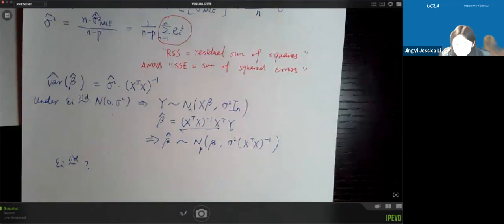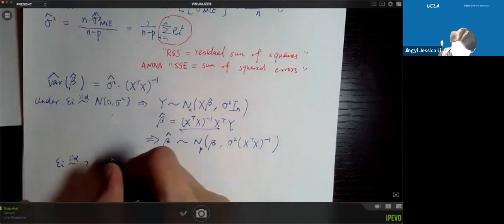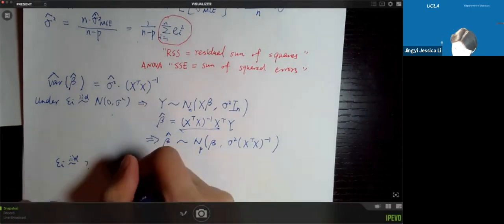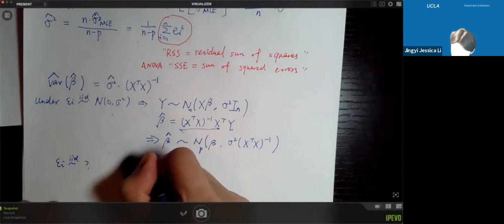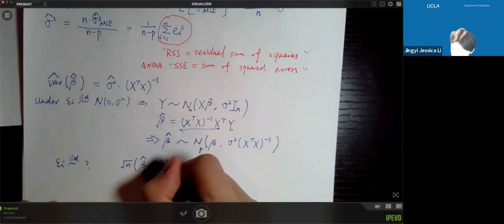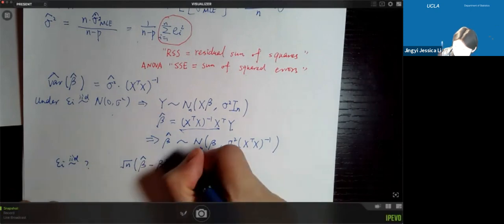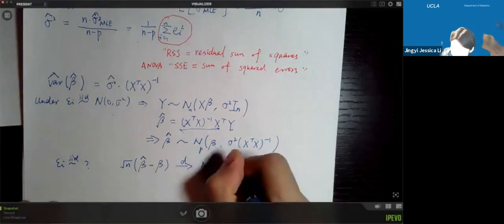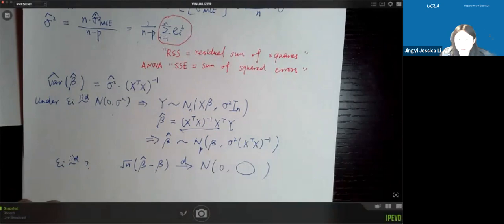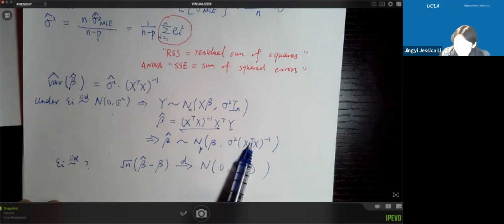So we're going to say root n times beta hat minus beta converges in distribution to a normal with zero mean and some covariance. I'm not going to write it down exactly because you would get n out of here, and so in this term there will not be n.